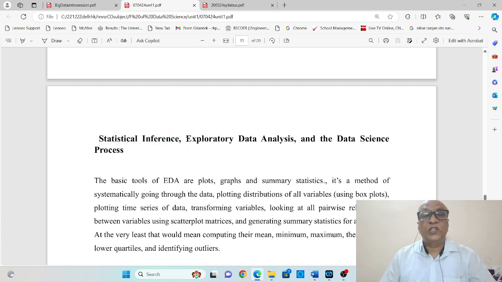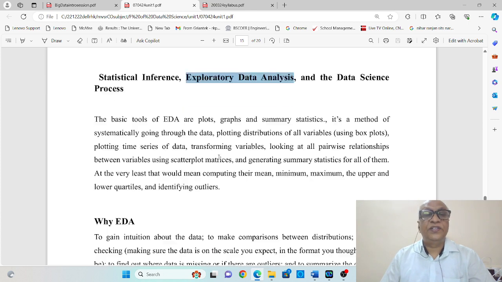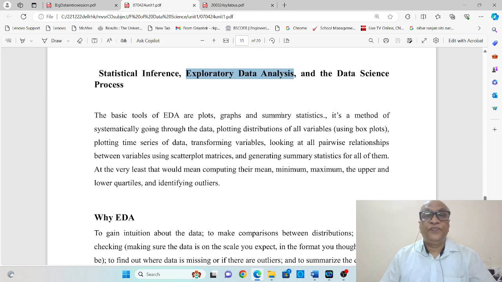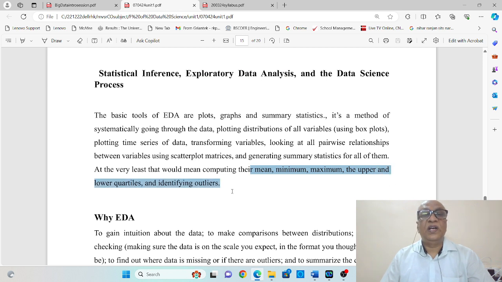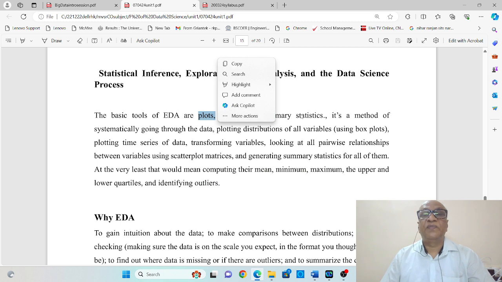We know that exploratory data analysis is a major aspect in data science. When we speak about exploratory data analysis, what usually comes to mind is calculating means, medians, minimum, maximum, quartiles, finding outliers, drawing plots, graphs, summary statistics.